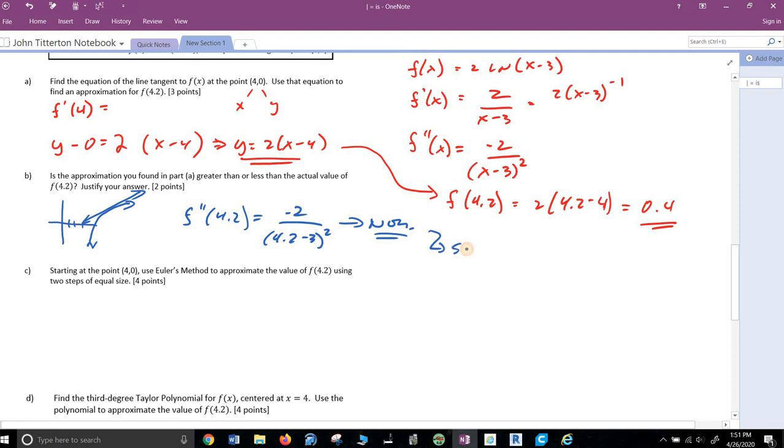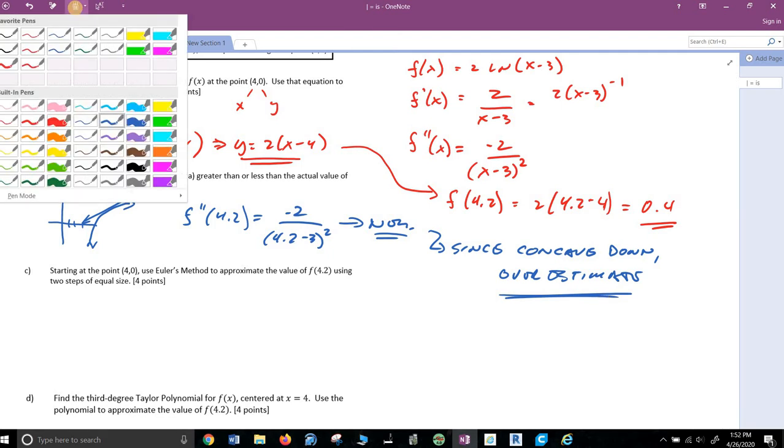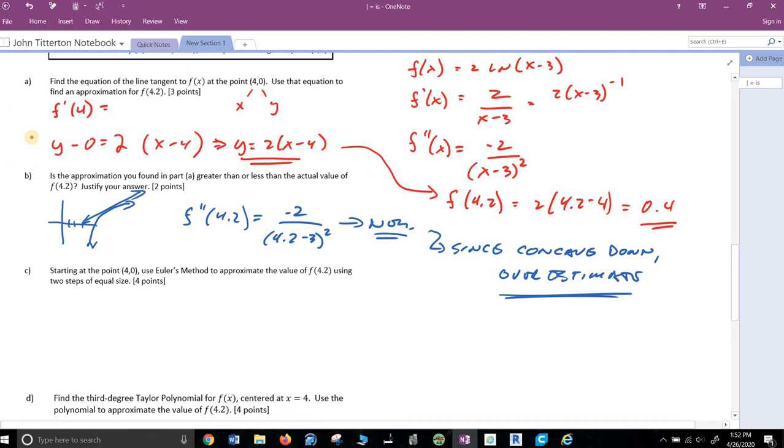So since concave down, overestimate. You could also just say you did the graph, and since concave down, looking at the graph, overestimate. They might ask for the calculus, so be careful, but shouldn't be a problem.